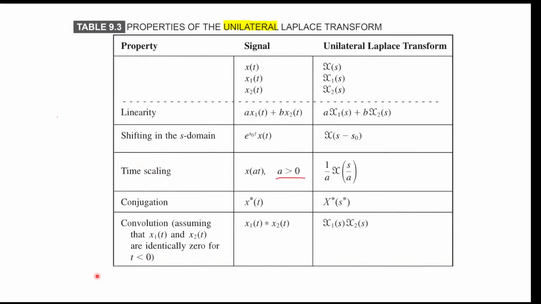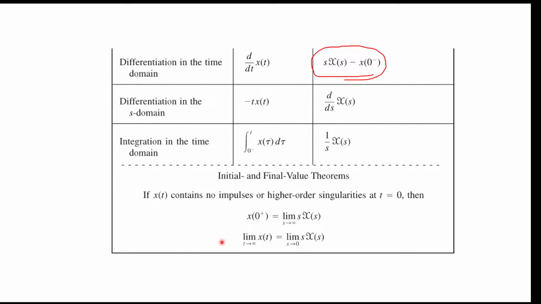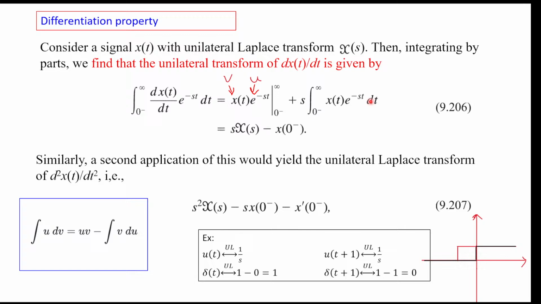Okay. And we have properties for the unilateral Laplace transform, and the most important one is this differential property, and it's very different because it gets this minus x(0 minus) term. Okay, and this is compared to the differential property for the Laplace transform, which only gives you sX(s).